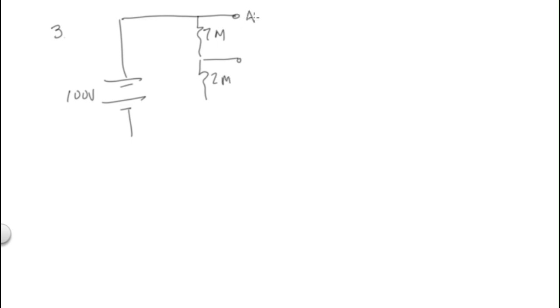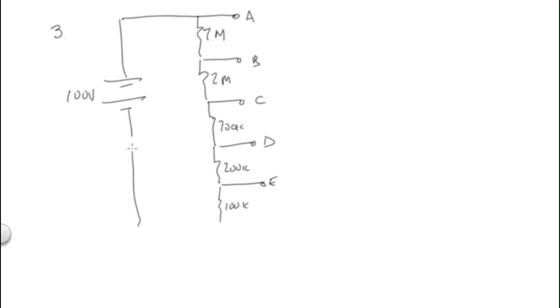This is A. This is B. And we have another terminal here at C. And then we have 700K. Then we have a position at D. Then we have 200K. We have a position at E, and then we have another 100K, and a position at F.